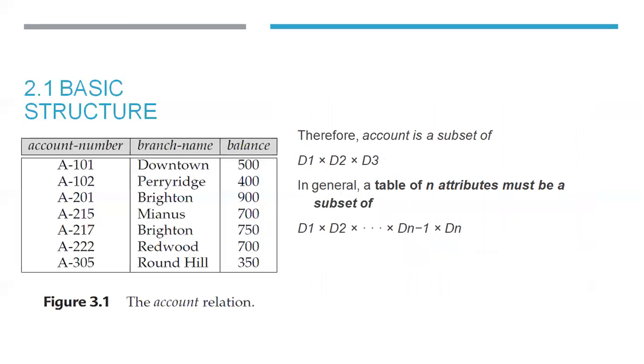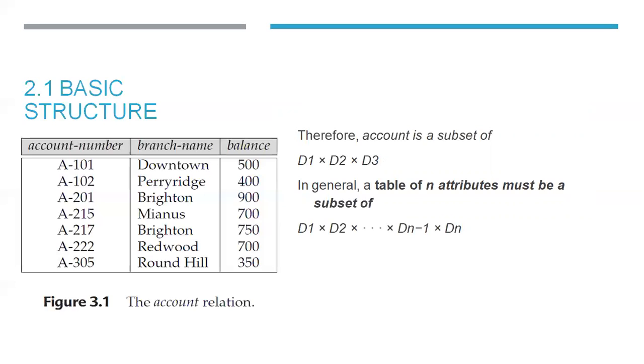Last point, that is how to represent this mathematically. Therefore, the account is a subset of D1, D2 and D3. So any account from the account table is going to be the combination of one value from each of D1, D2 and D3.